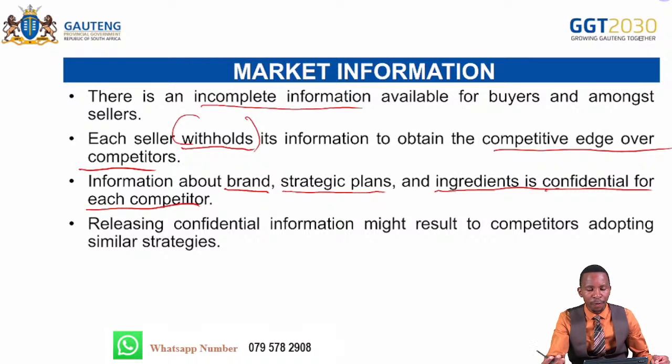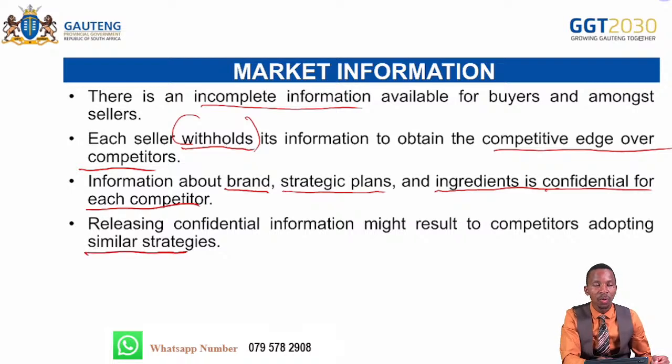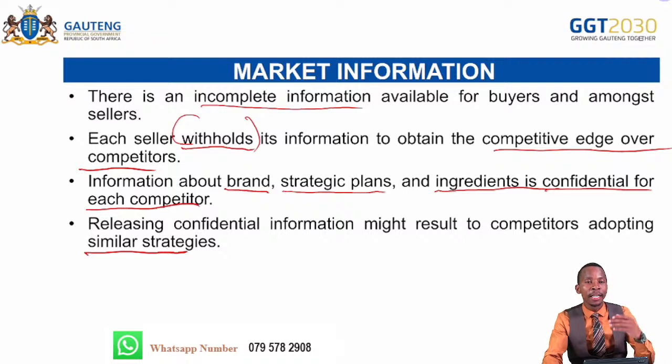Releasing confidential information might result in competitors adopting similar strategies. So firms cannot simply release this information, because they use it in order to obtain consumers and market share and also to maintain their profits, because these are strategies that are very much profitable for the market.